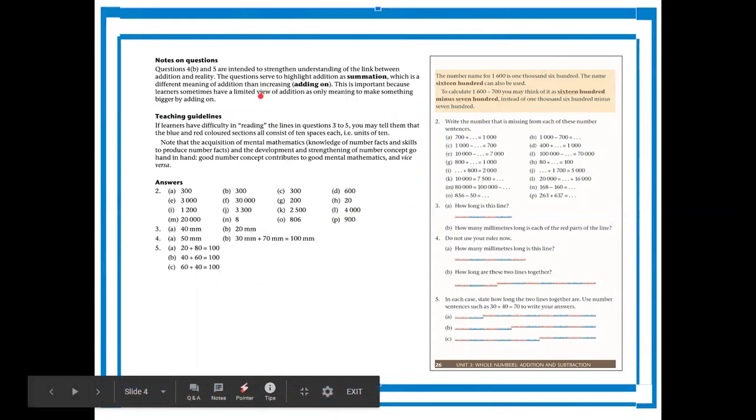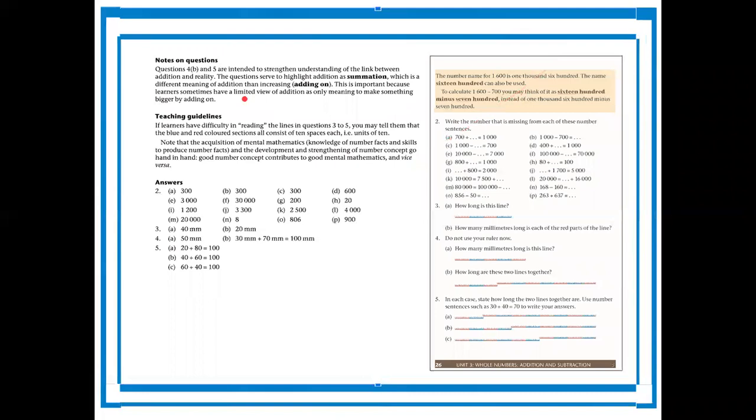Notes on questions. Questions 4b and 5 are intended to strengthen understanding of the link between addition and reality. The questions serve to highlight addition as summation, which is a different meaning of addition than increasing or adding on. So we always think of addition as just adding on, but it also can be thought of as summation in problems that are linked to reality.